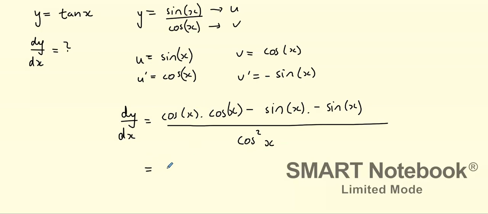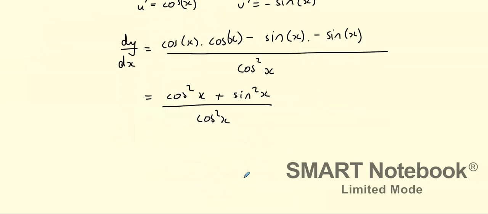Now the numerator is going to become cos squared x, minus times a minus is plus, so we get cos squared x plus sine squared x all over cos squared x.